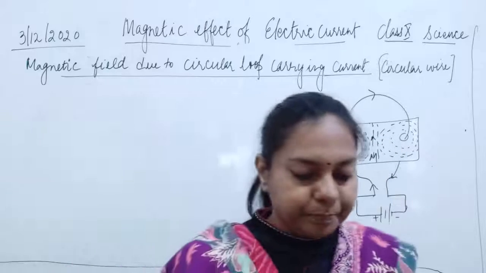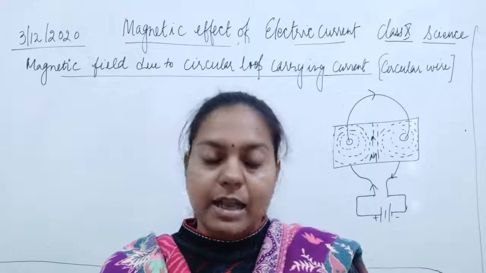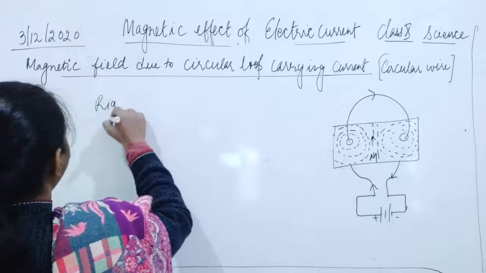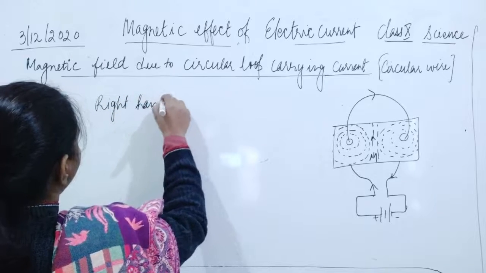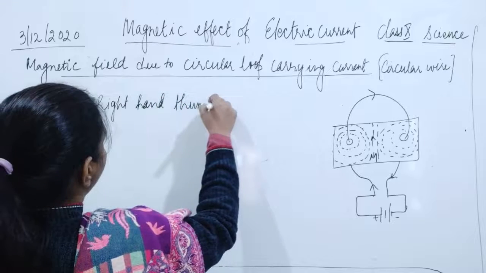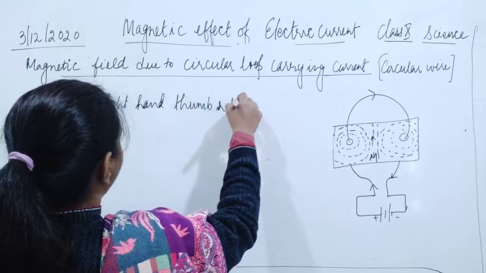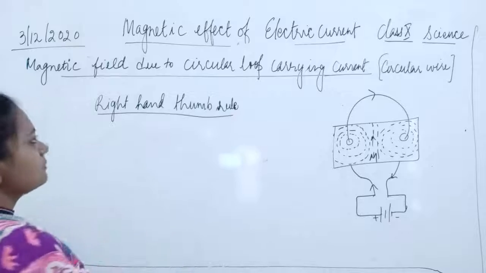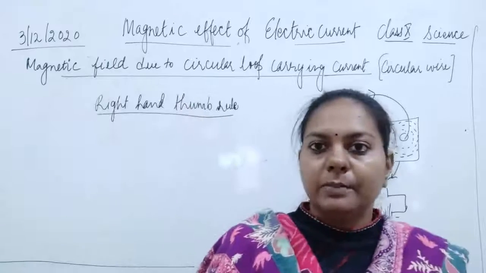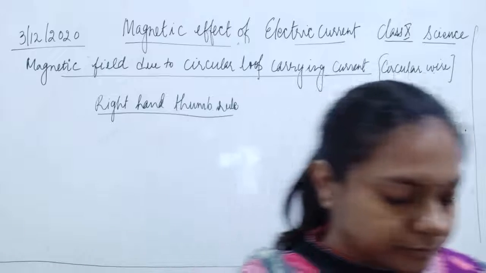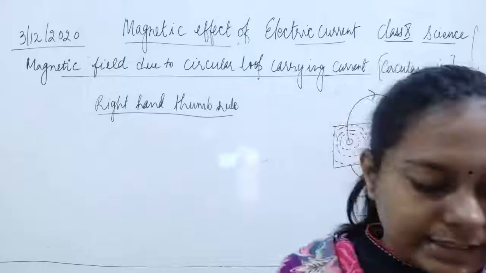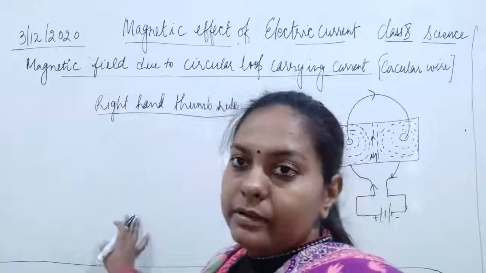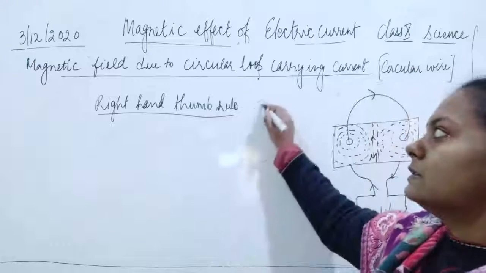Fine. Now, by applying the right hand thumb rule, we can see that the direction of each of the loops will follow this same rule.